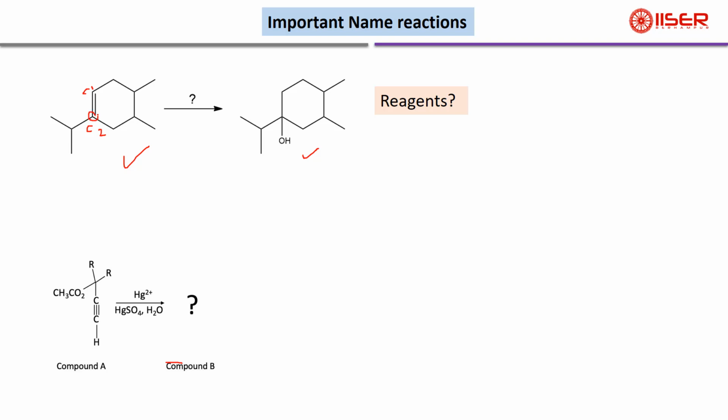So as we said, in case of oxymercuration and demercuration, the OH group enters the more bulky side, whereas in case of hydroboration, the OH group enters the less bulky side.